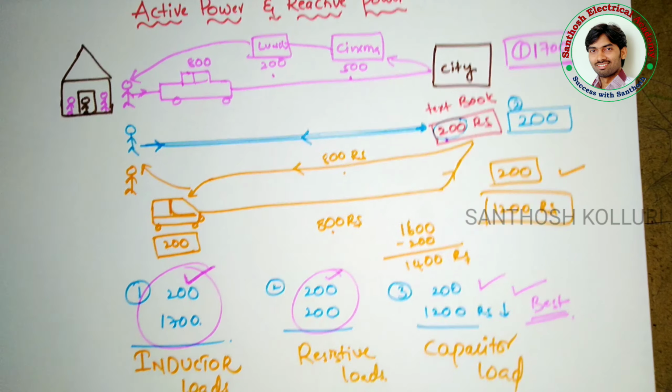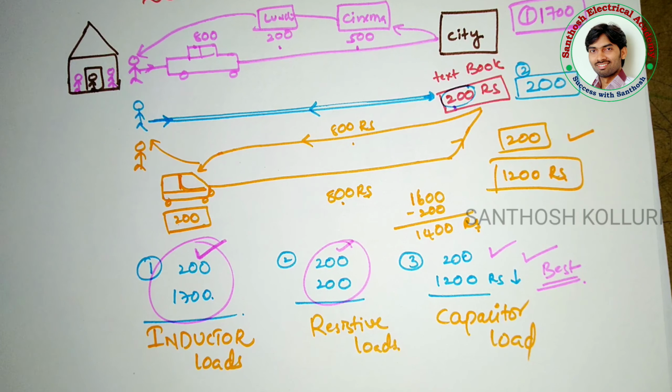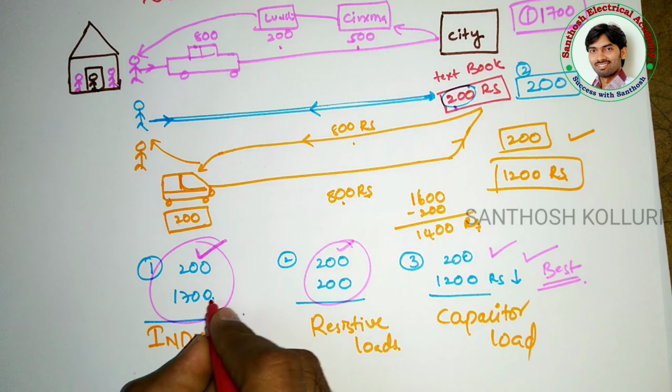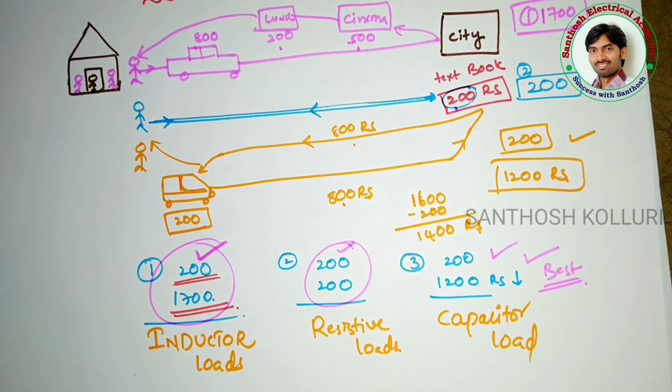Is it clear now? By using inductive loads, you are going to spend reactive power of 1700 rupees to get the 200 rupees textbook.